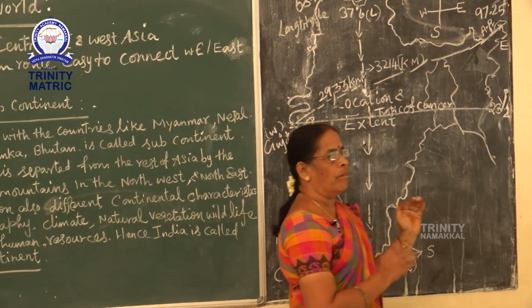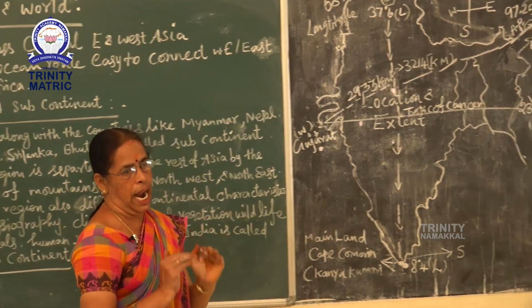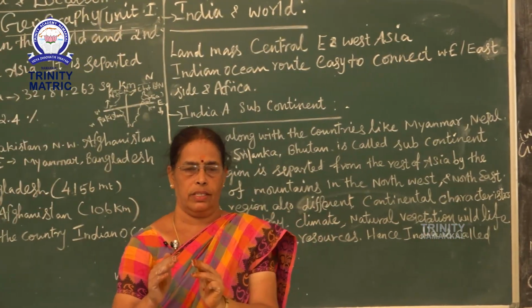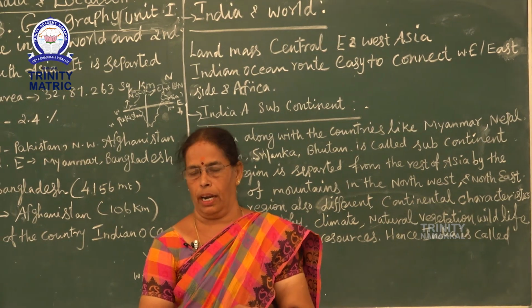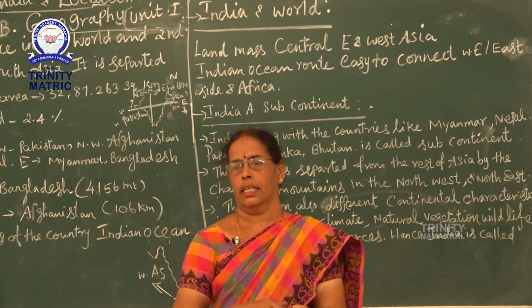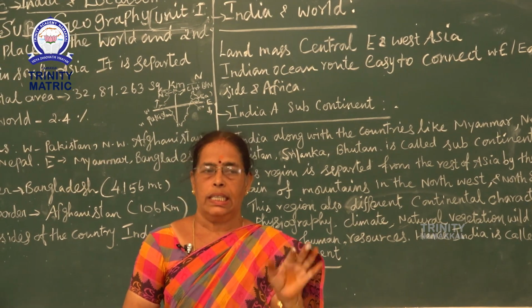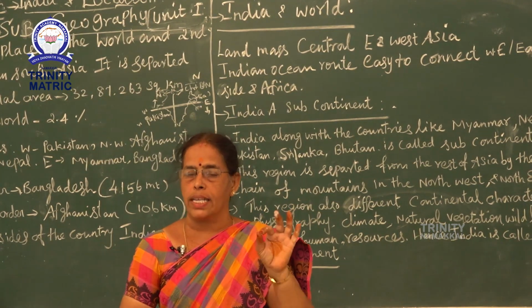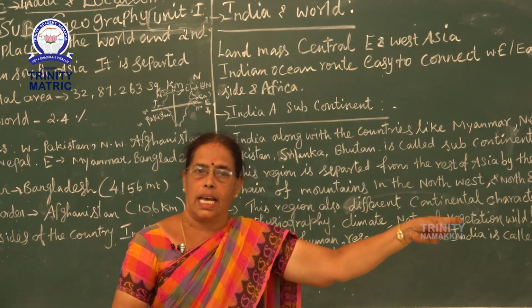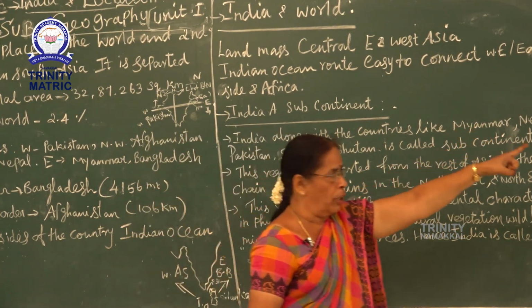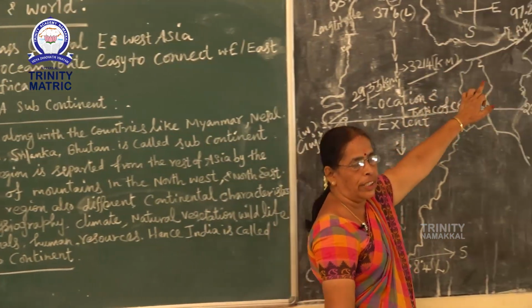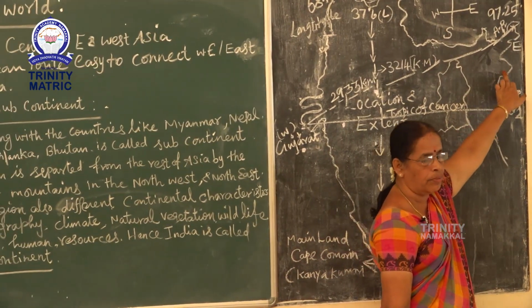So, when the sun rises first, which direction? Anybody tell me? Does the sun rise in the east or west? East, okay. The sun rises first on the eastern side. Now, Arunachal Pradesh is situated in the eastern side.